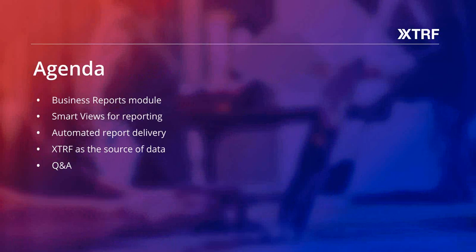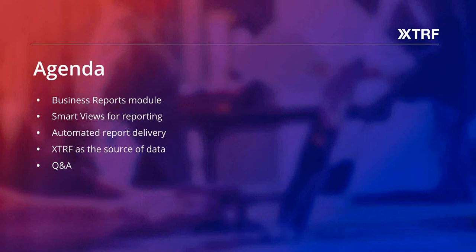But I believe that there are other ways of getting the data from XTRF, and I would like to focus on using the smart views that you already know inside the system, and how we can use them as a form of reporting. So those are the two tools that you can use to get the data out of the system.